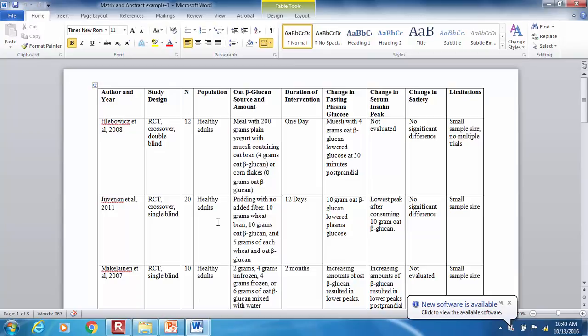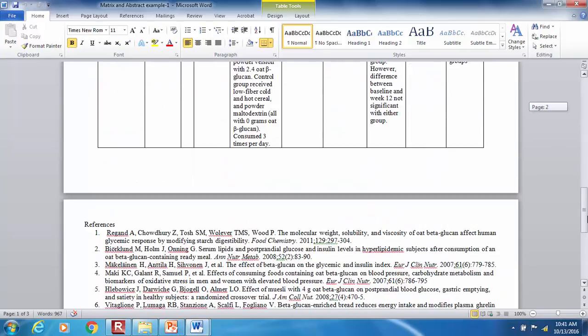I know some students are asking about the matrix and abstract. This is an example that is actually available in Moodle, right? So the matrix and abstract should have three components. The first one is the matrix, this kind of table, and then the references, right?